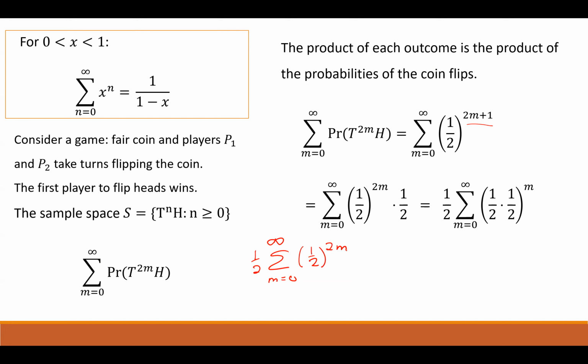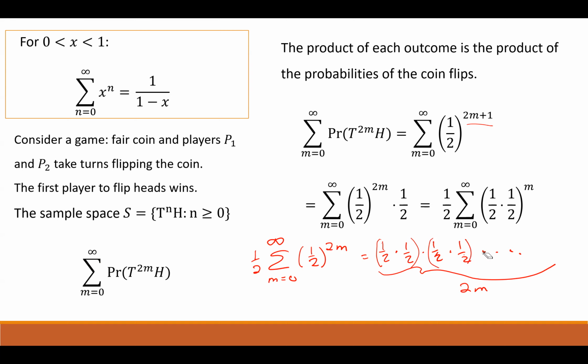What I'm going to do then is, if I expand that out, I can say this is equal to 1/2 times 1/2 times 1/2 times 1/2, etc., and there are 2m of these. And then I'm just going to group every consecutive pair together, right?